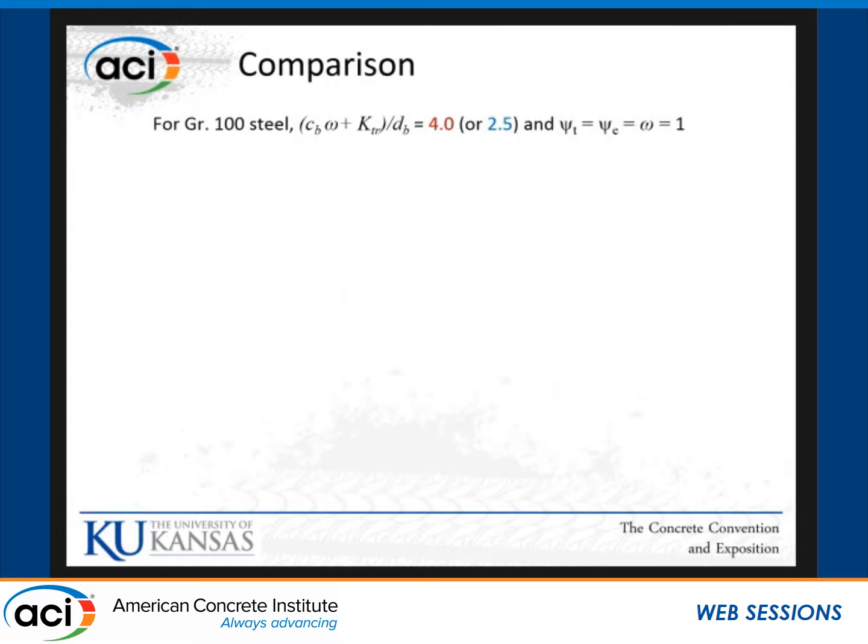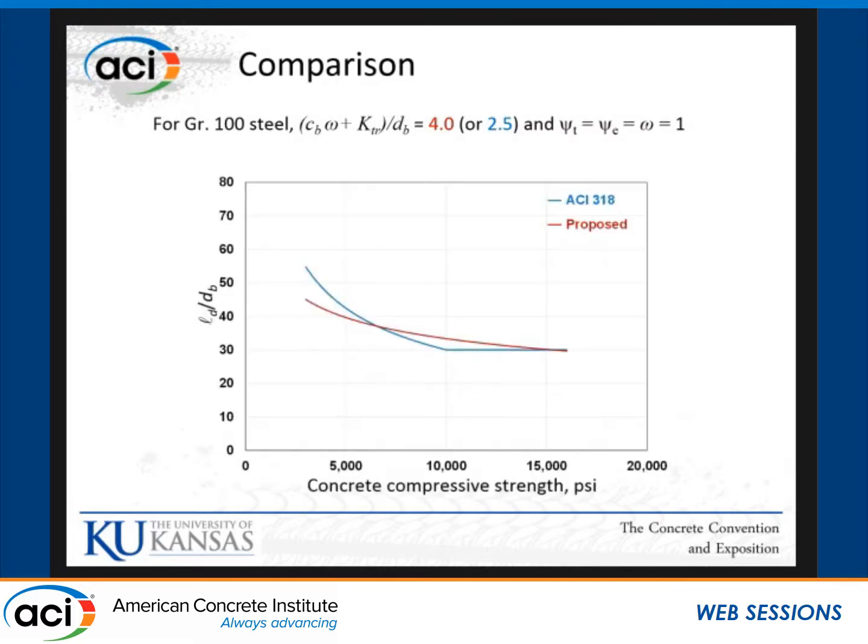Same comparison was made, grade 100 steel with full confinement, making use of the confinement term for the current equation going up to 4, and it's limited for the ACI 318 equation to 2.5. Same comparison was made, ACI in blue and proposed equation in red. It's showing that even though they are close together, predicting closer development lengths, that means ACI only predicts realistic development lengths when it's fully confined.